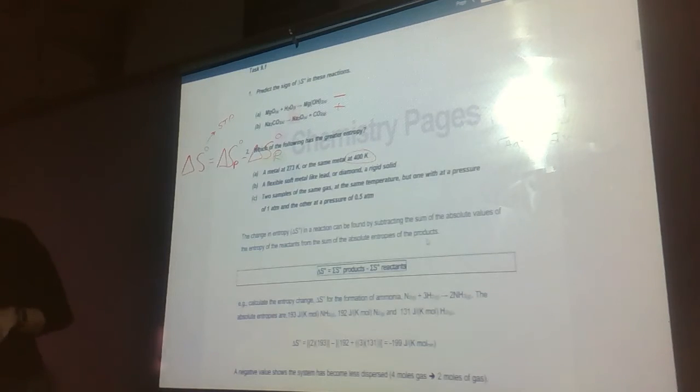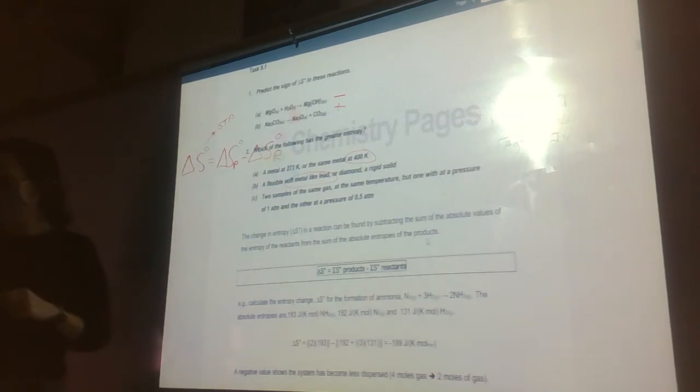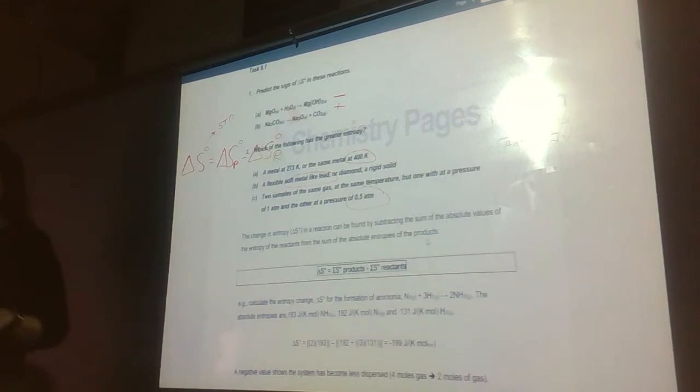The soft metal. More movement, more entropy. Two samples of the same gas at the same temperature, but one at 1 atmosphere and the other at 0.5 atmospheres. Which one will have more entropy? The 0.5. Less pressure, more movement, more entropy.